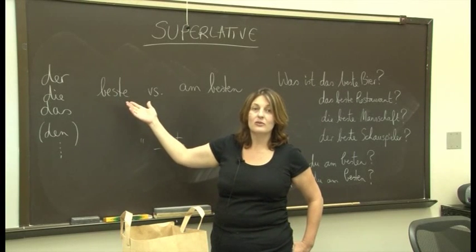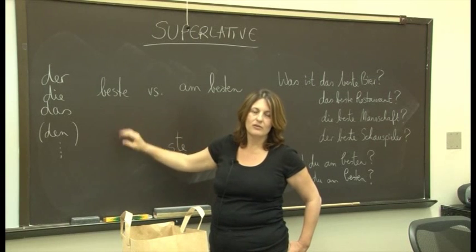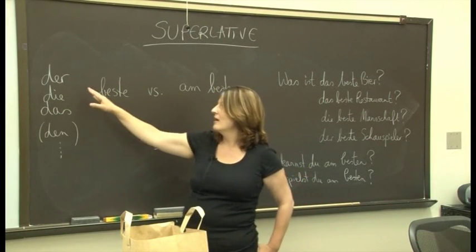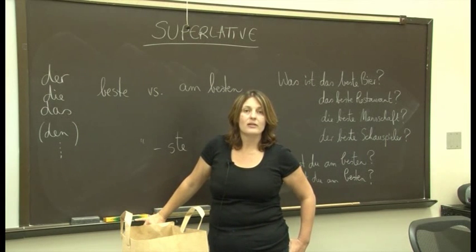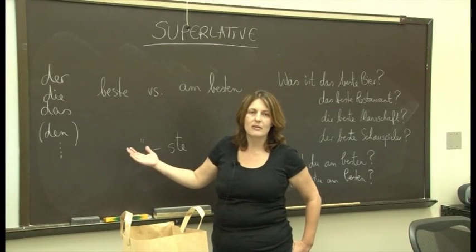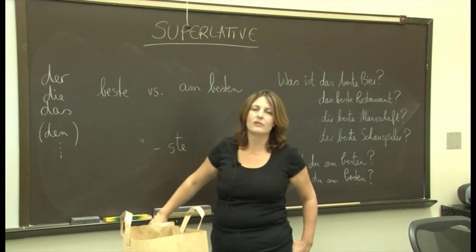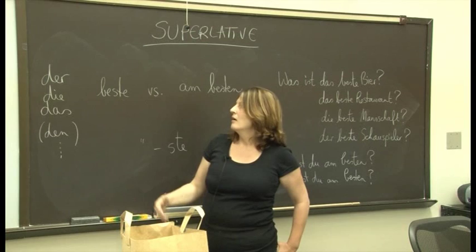Wer weiß? Die Donau. Die Donau ist der längste Fluss in Europa. Was ist der längste Fluss in Nordamerika? Der Mississippi, ja, ist der längste Fluss. So, der Fluss, der längste Fluss.